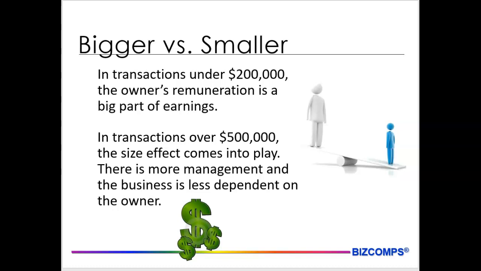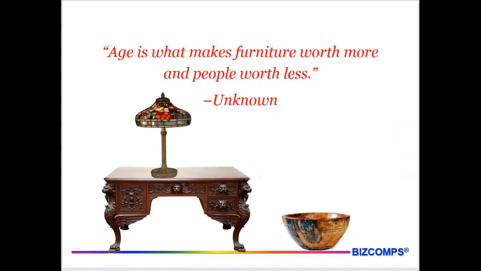So usually the smaller transactions, where the owner-operator, sole proprietor, earns most of the money as his salary, are very much Main Street transactions associated with a lower multiple. Higher multiples come into play the larger the business gets in terms of both its profitability and its management and other employees. Therefore, it's less risky, and you could receive a higher multiple on those businesses.